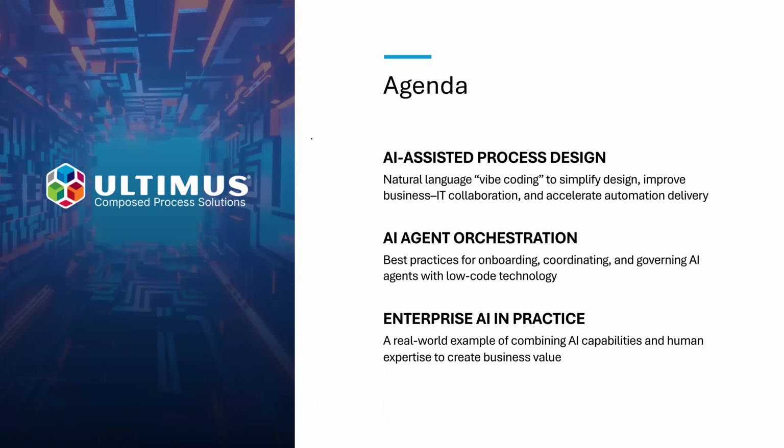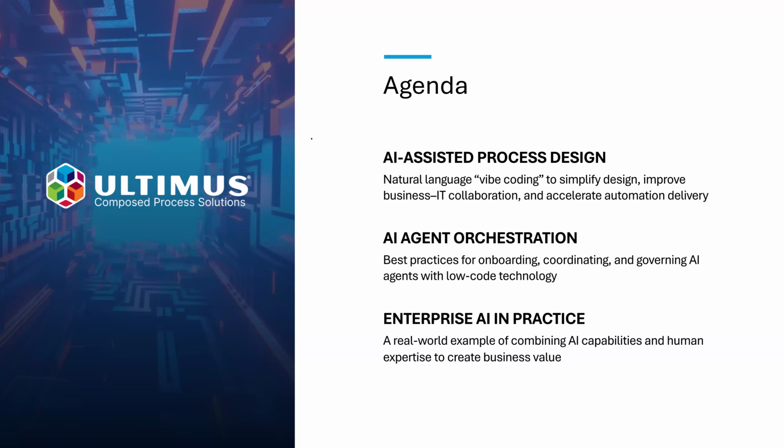Before we begin, let me give you a quick overview of what we will cover today. First, Naveed will introduce Nelly, our AI assistant for process design, and show how natural language can make process design easier and faster. Then Carl and Naveed will demonstrate how AI agents can be added to an Ultimus process map and how their work can be orchestrated and governed within the Ultimus platform.